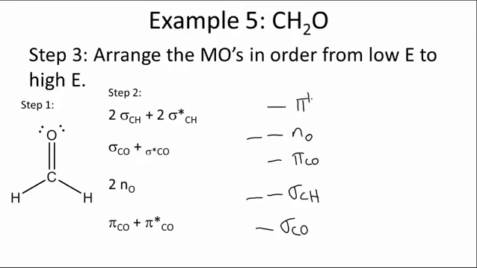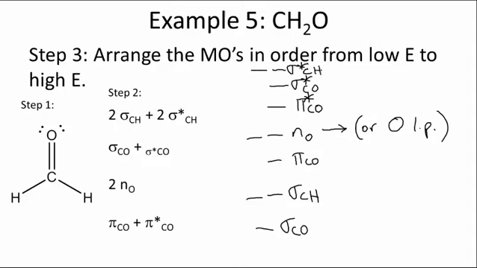Pi star. So the question is, is this how we should indicate the non-bonding? Or you could just say oxygen lone pair if you want. That would be fine. And then at the top we'd have sigma star CH.